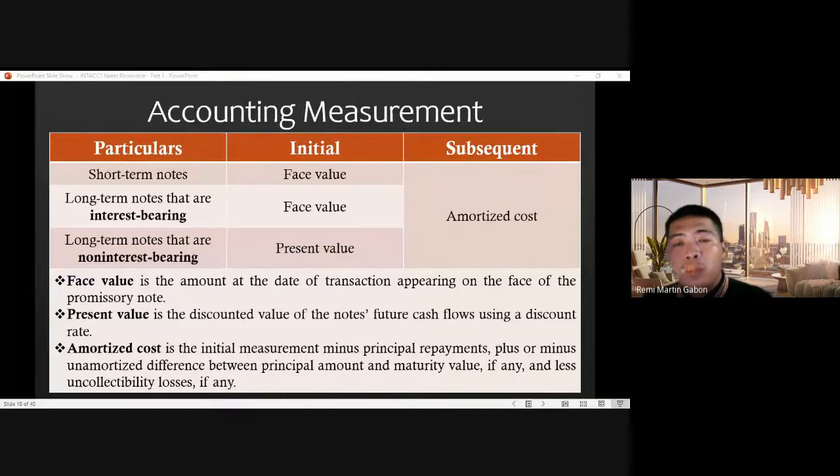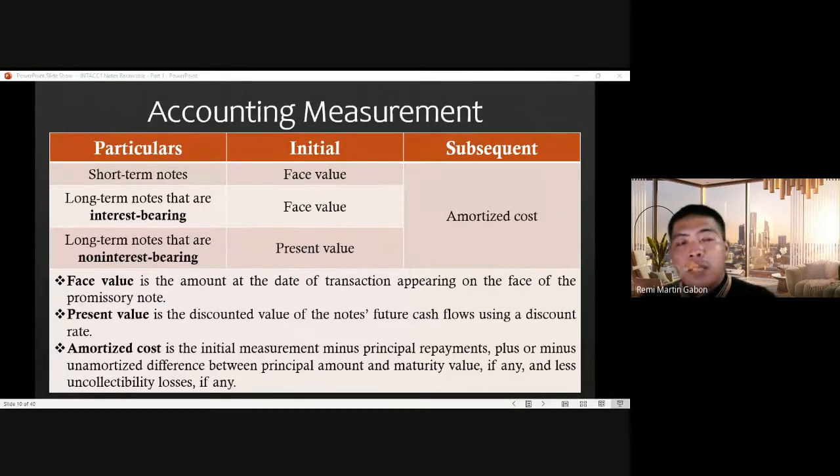However, if we're going to move forward with plus or minus an amortized difference between principal amount and maturity value, dyan papasok si non-interest bearing, which is common sa kanya, nasa separate discussion natin yan. So, isususpense ko muna dyan.